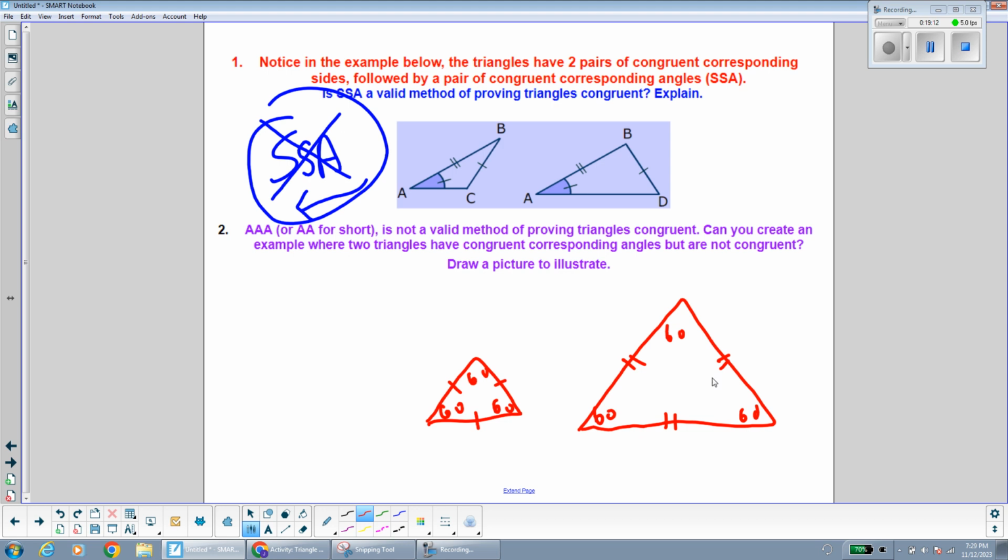But notice how this triangle is larger than this one. So the sides are not the same. They're not congruent. They're not exactly the same size. So even though they have congruent angles, any two equilateral triangles don't always have to be congruent to each other. So that's an example of a time where AA or AAA does not make congruent triangles. So AA or AAA does not work.